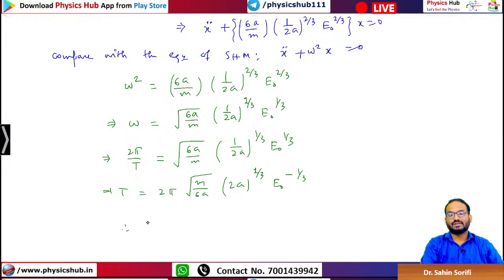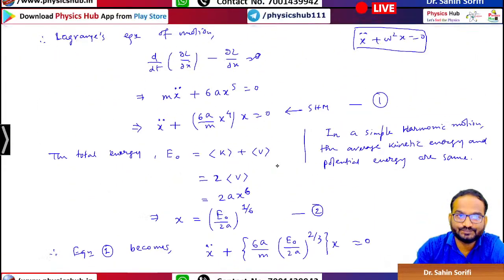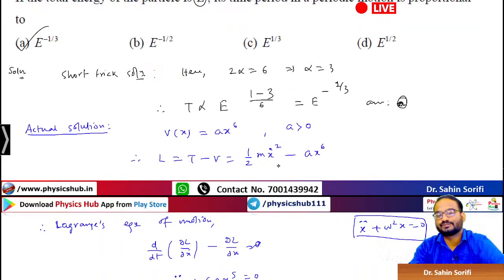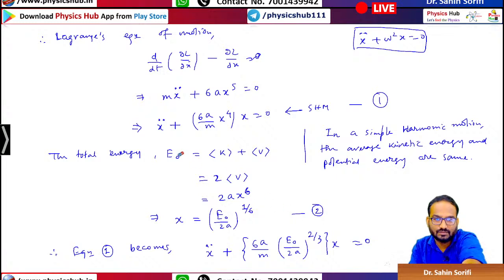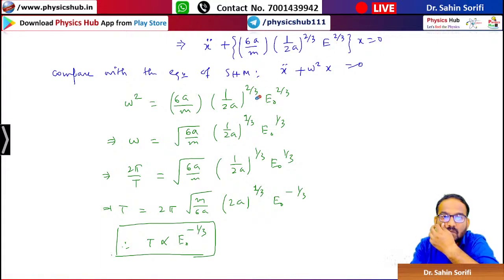And that is why we can say T is proportional to E naught to the power minus 1 by 3, as all these other things are constant. This E naught is the energy. Let's write it as E, the total energy. It will finally match.